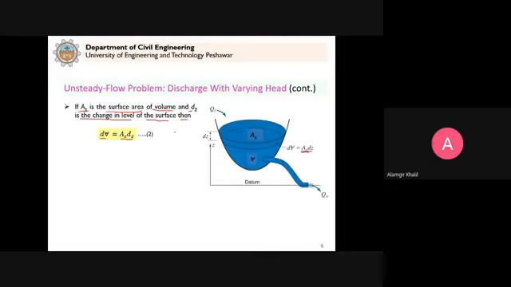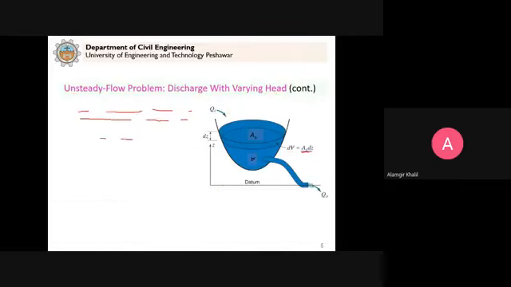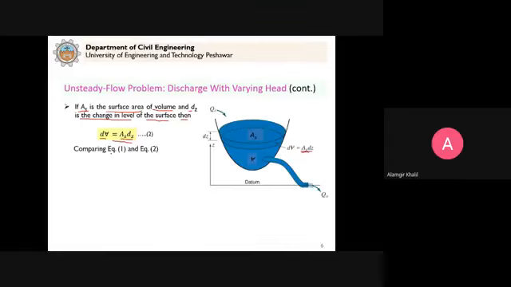Clear? Now we have equation 1 and equation 2, and since the left hand sides are equal, the right hand sides can be compared. So comparing equation 1 with equation 2, we get AS into dz is equal to Qi dt minus Q naught dt.